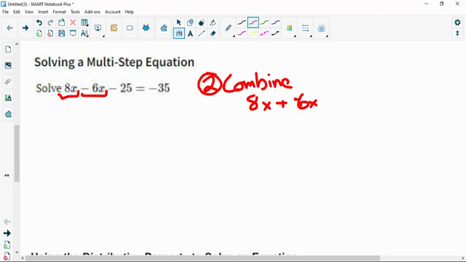And 8 plus negative 6 will result in 2x. So now the 8x and the negative 6x are now 2x. I'm going to carry down all of the pieces that did not change.